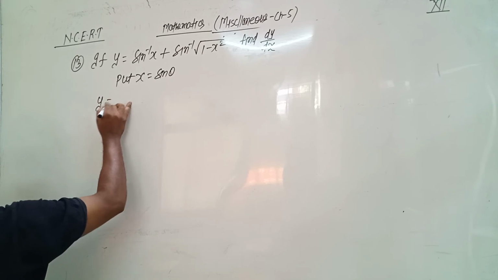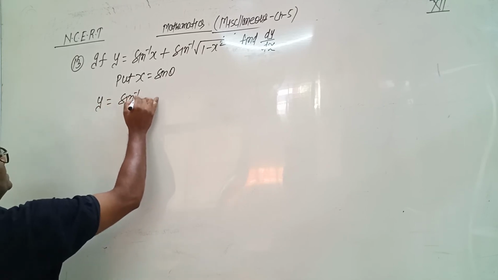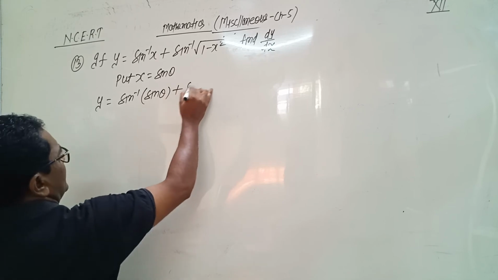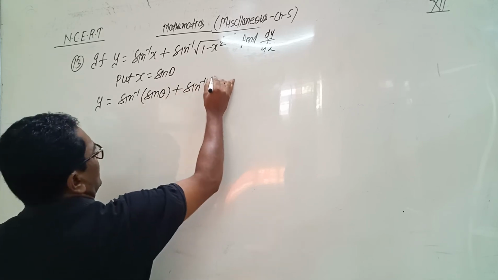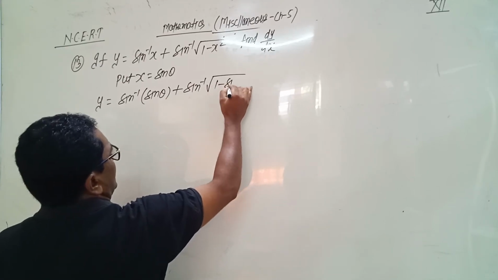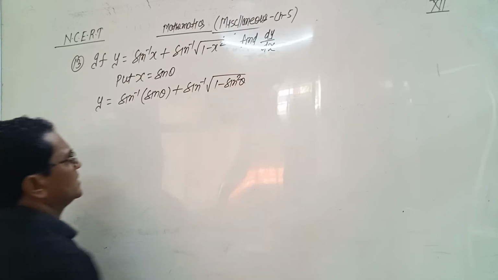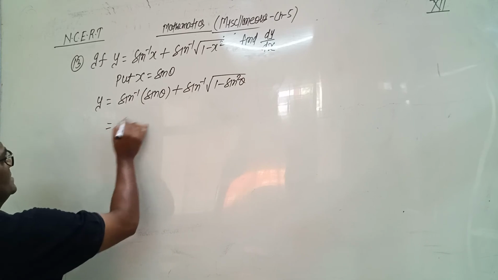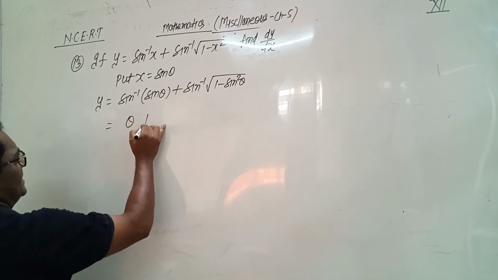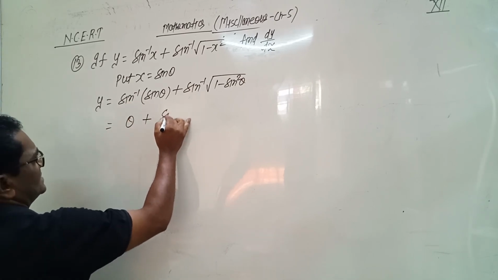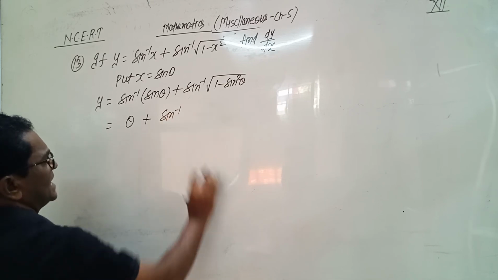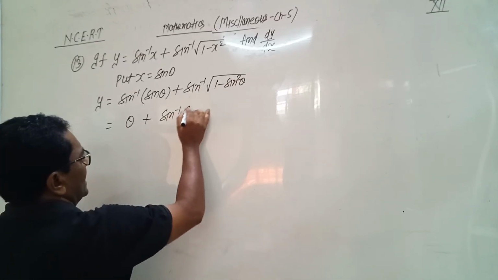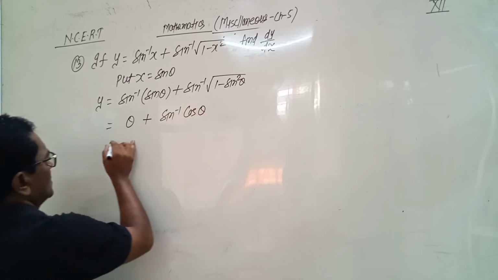So y becomes sin inverse sin theta plus sin inverse root of (1 minus sin square theta). We have substituted x equals sin theta. This sin and sin inverse cancel. It remains theta plus sin inverse of root of (1 minus sin square theta), which is cos square theta, but the square root and the square cancel and we get cos theta.